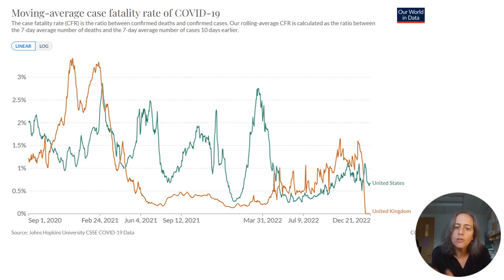Now you notice that it starts drifting up again. This is the case fatality rate, and I think what happens here is not necessarily that COVID is getting more severe, but that we're not capturing all the cases. That's when people started to not get tested, not report. So our denominator was getting smaller. So that changes.